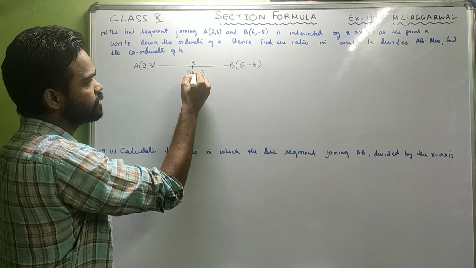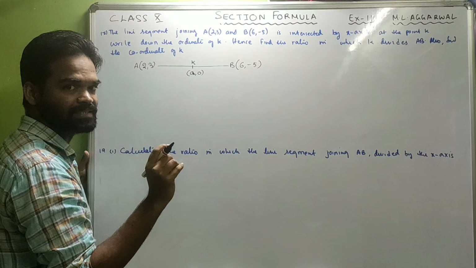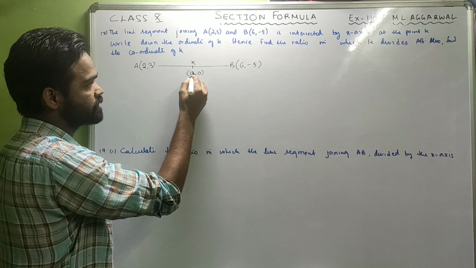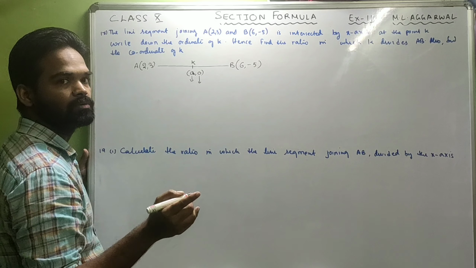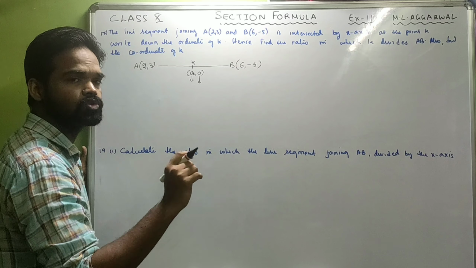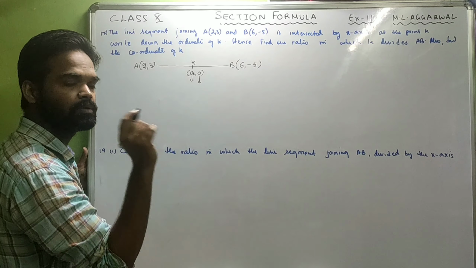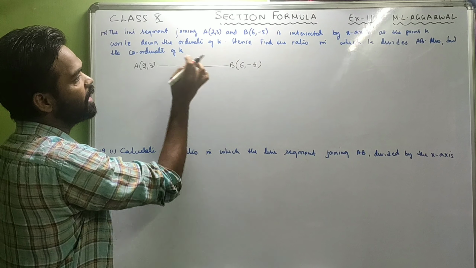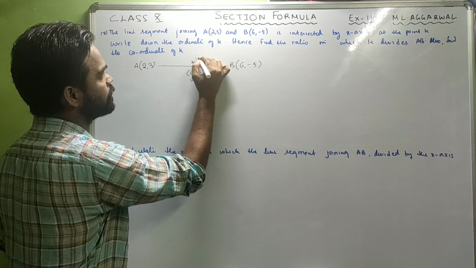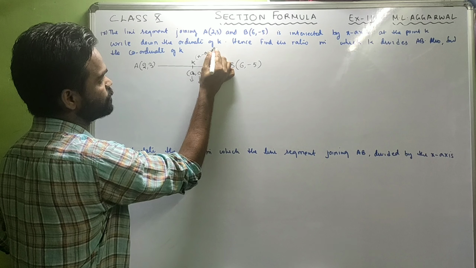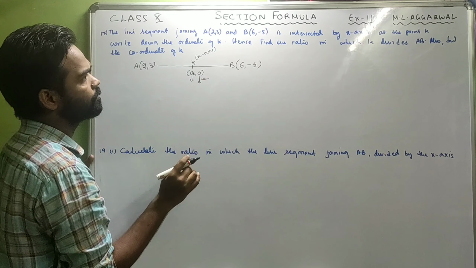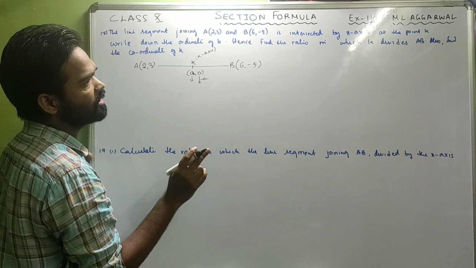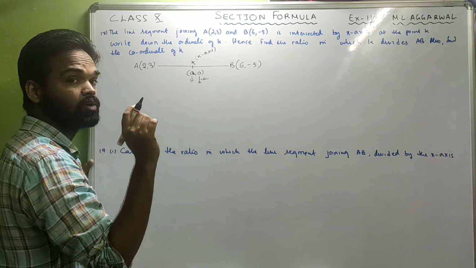Any point on the x-axis, the abscissa has a value and the ordinate is always 0. For example, 5 comma 0, 2 comma 0, minus 1 comma 0. These all points lie on the x-axis. Be careful. Write down the ordinate of K, which is 0. Done. Hence, find the ratio in which K divides AB. Also find the coordinate of K.